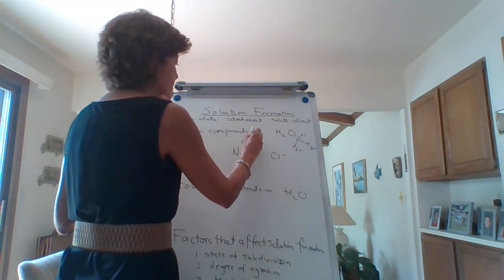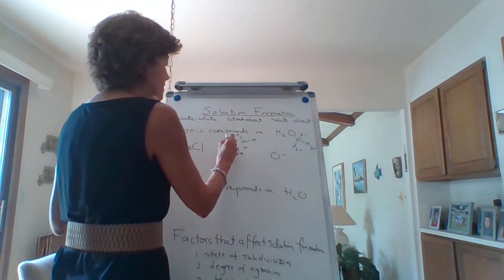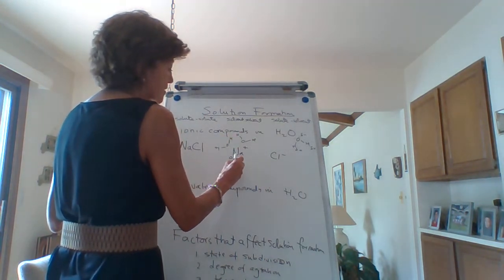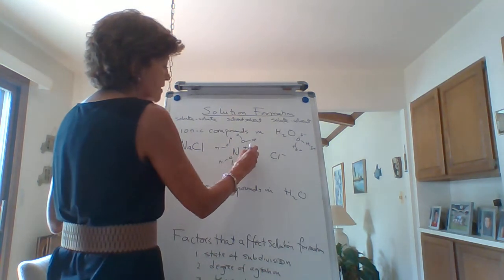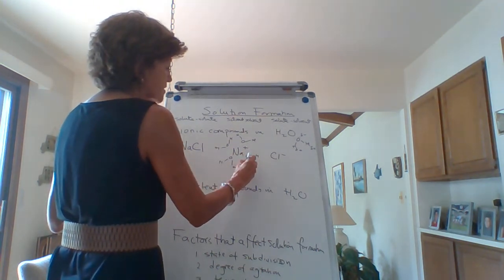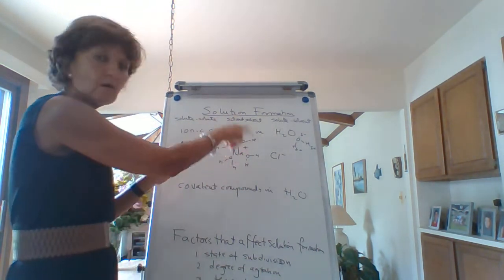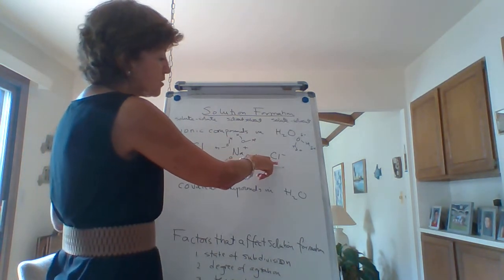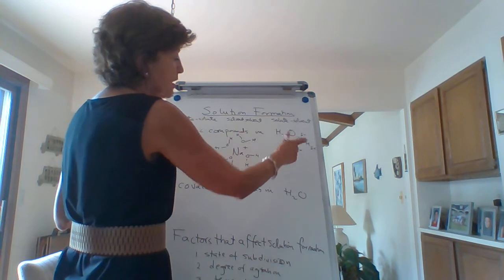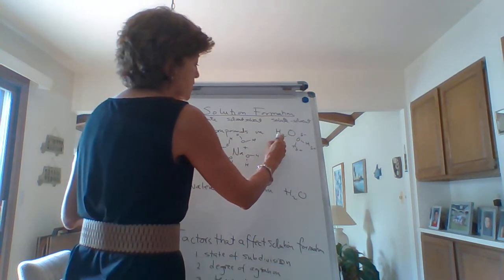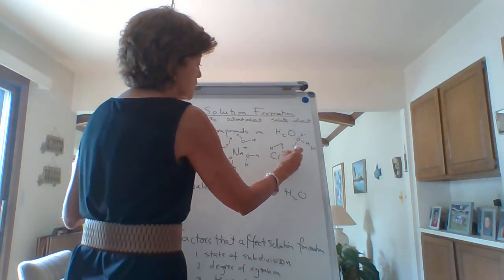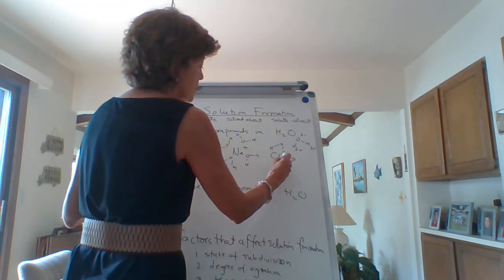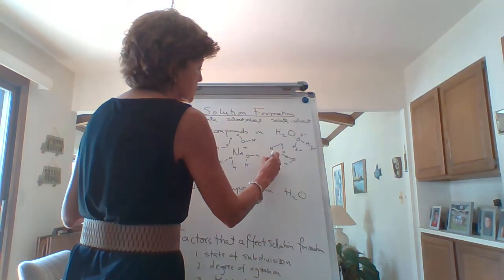So your water molecules surround the ion like this. The oxygen part that is partially negative is attracted to this sodium positive ion. Well, then which part would be attracted to the chloride? The partially positive hydrogen. So all the chlorides will be surrounded by water molecules this way.